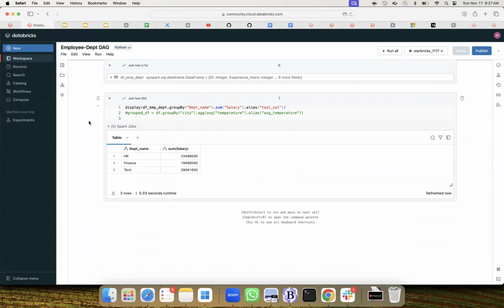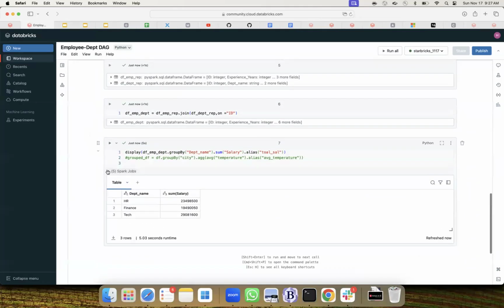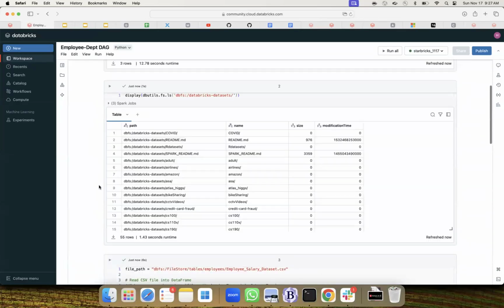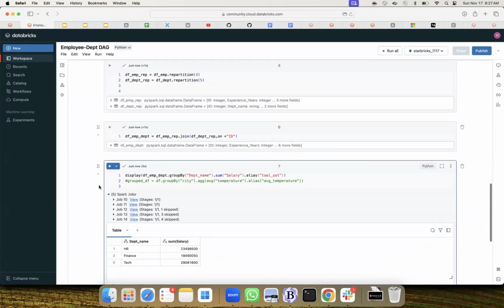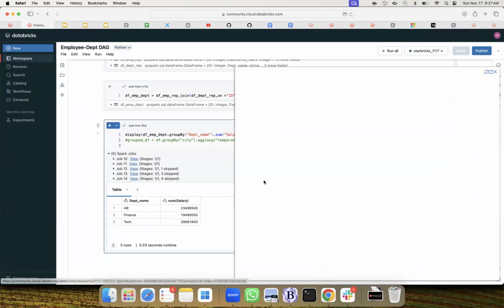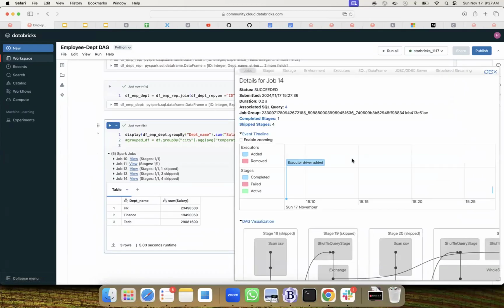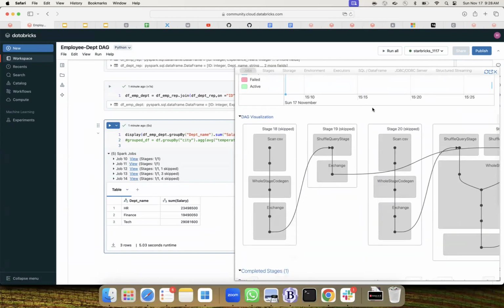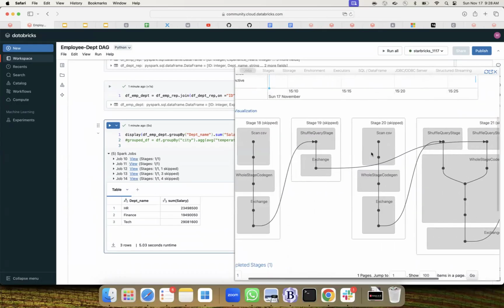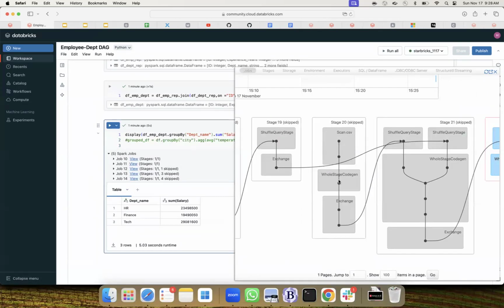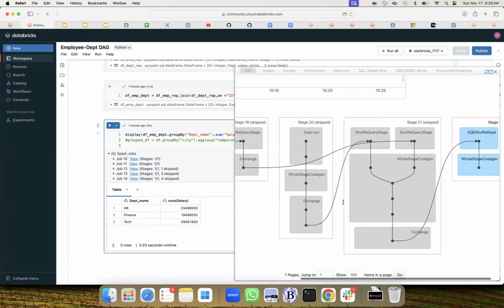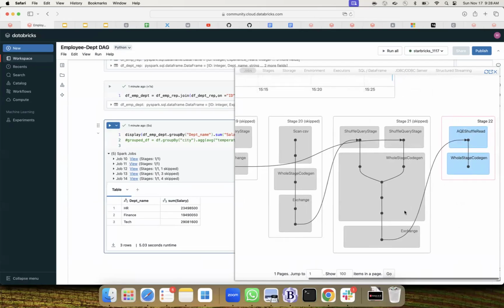So whenever there is a display, this is where the job runs. Before that there is no display anywhere, so there is no job that is done. So here it has all the jobs, and this is the DAG. Okay, if you see, we have the same kind of DAG here, which does reading the first file, reading the second file, then repartitioning these files, then joining these two files, and then the group by action here.